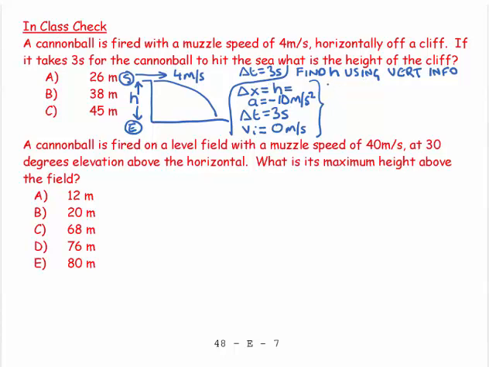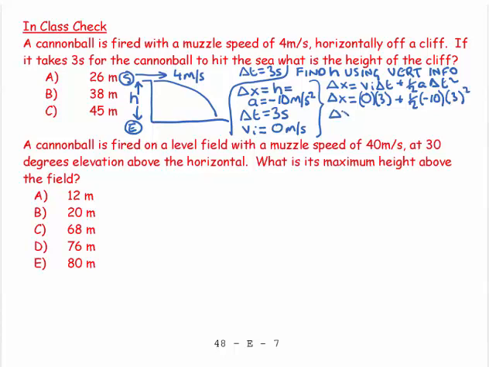And so I say, well, what's the equation? And as is often the case, we tend to use the same equations over and over again. Delta x is equal to vi delta t plus 1/2 a delta t squared. So delta x is equal to vi is 0 times delta t, which is 3, plus 1/2 times minus 10, minus because it points downwards, times 3 squared.